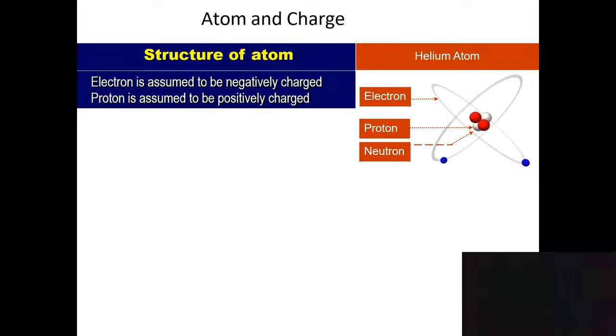The electron is assumed to be negatively charged and the proton is assumed to be positively charged. This is how the bonding between electron and proton works.